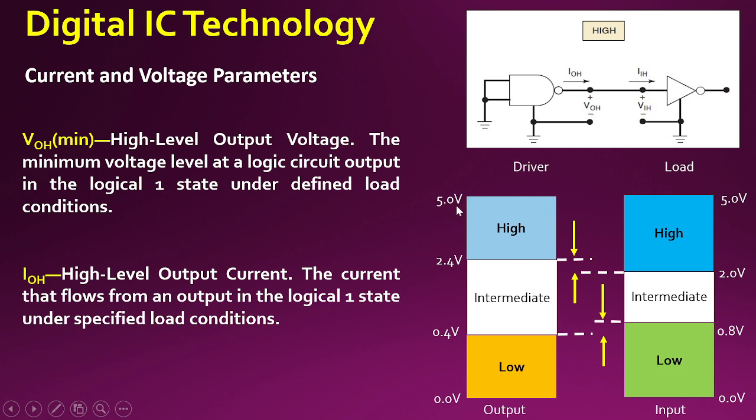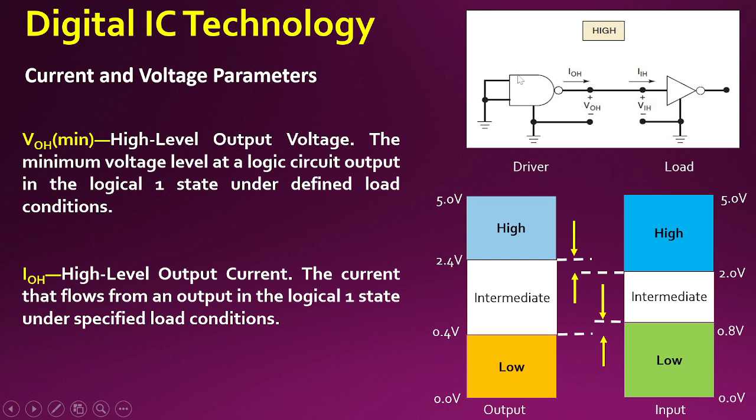So if it is 5, then it's fine. But what is the minimum voltage that we need to consider? That is 2.4. So when the output is high and we are considering the minimum, that is the worst case voltage, that will be 2.4.